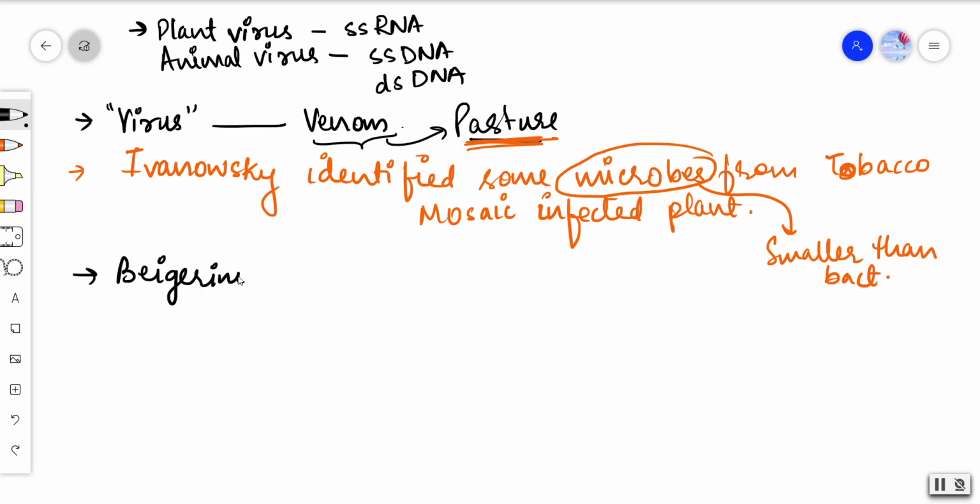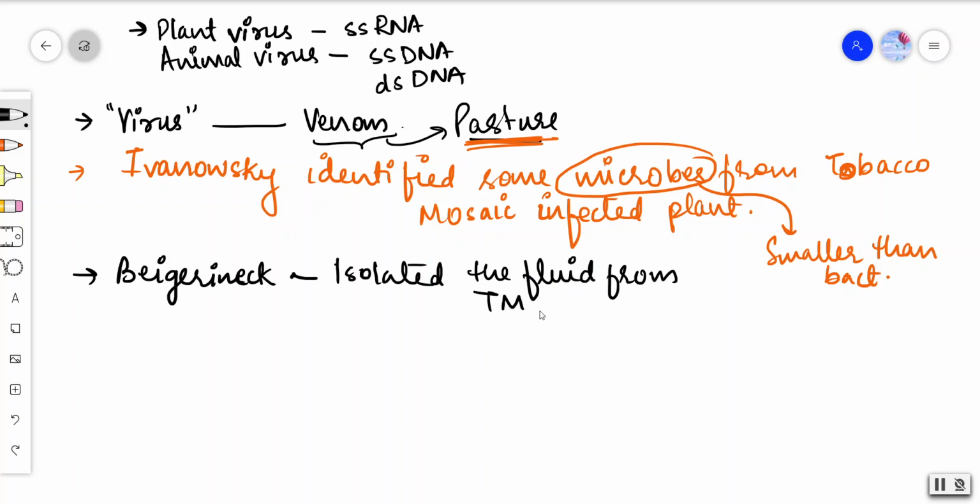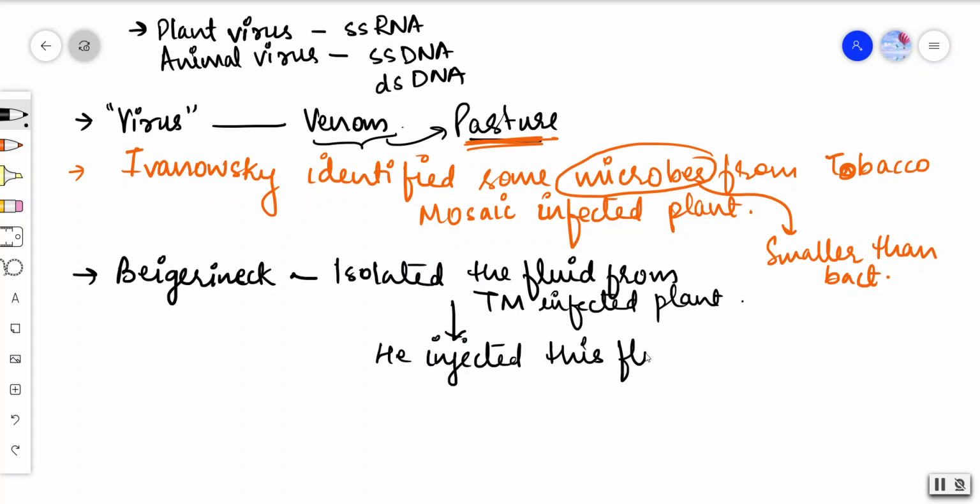Okay, after that, Beijerinck isolated the fluid from tobacco mosaic infected plant. And after that he injected this fluid into a healthy plant.